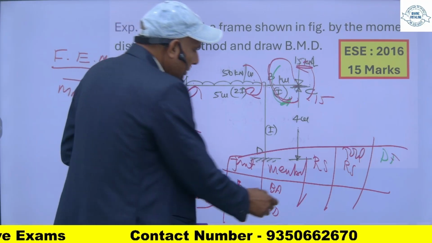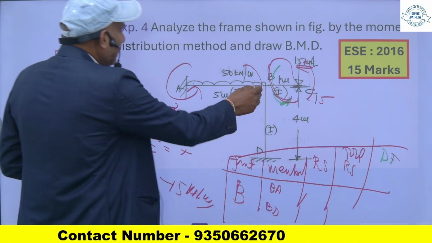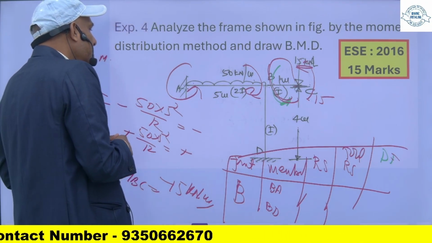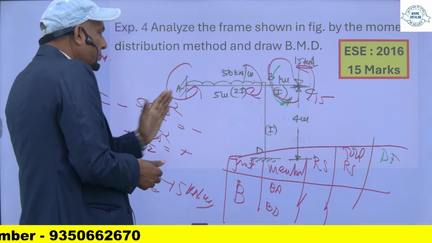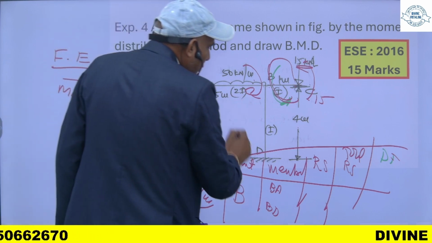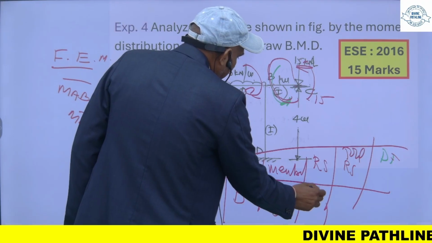So for the BA portion, the relative stiffness will be I/L, because the end is fixed. I is equal to 2I, it will be 2I upon this length.